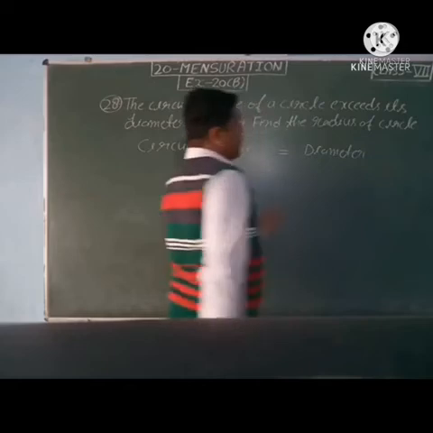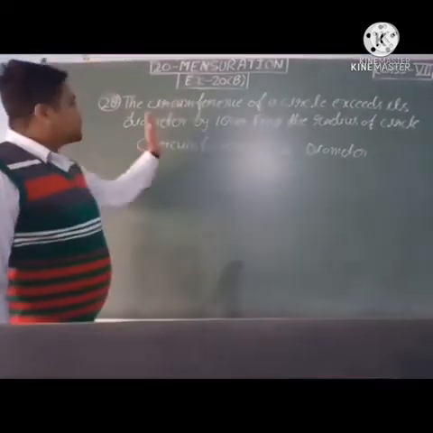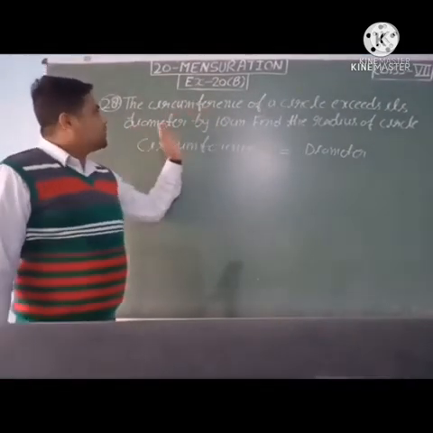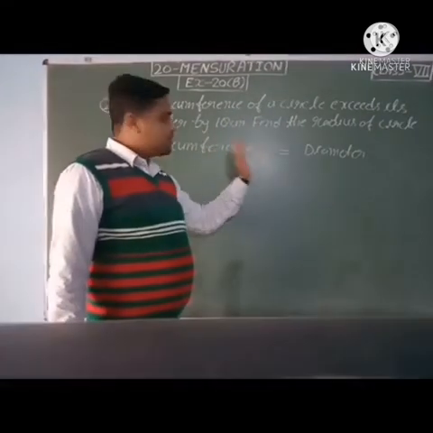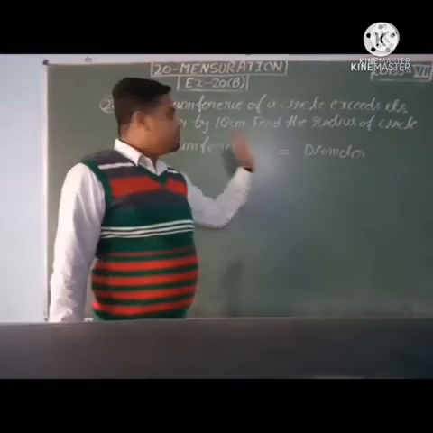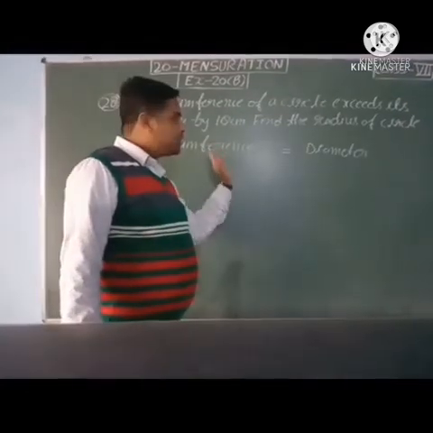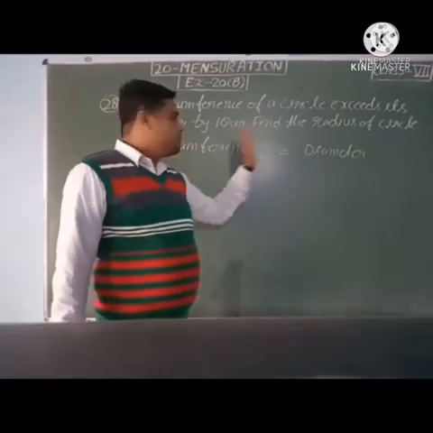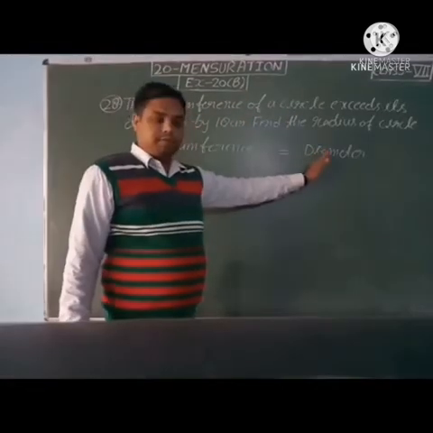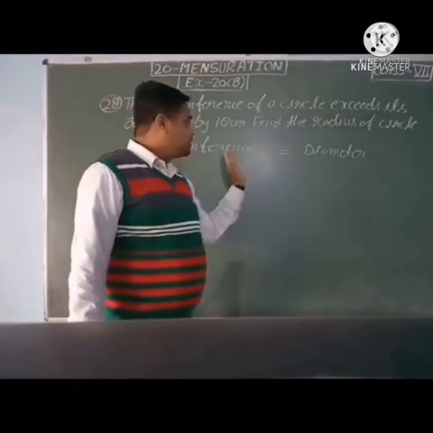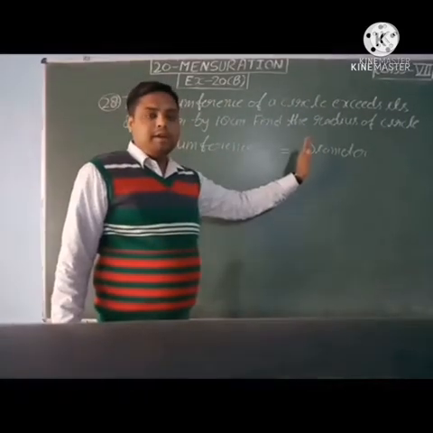Now come to according to the question. Circumference of a circle exceeds its diameter by 18. But what we have written? Circumference is equal to diameter. But circumference is greater than diameter by 18. Means this side is 18 greater than this.